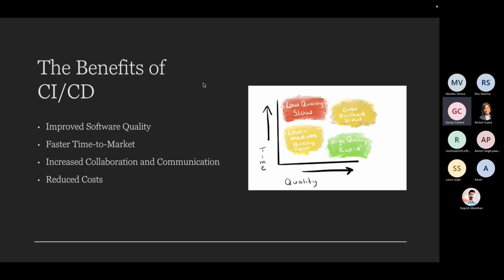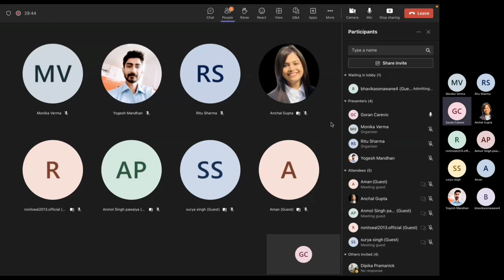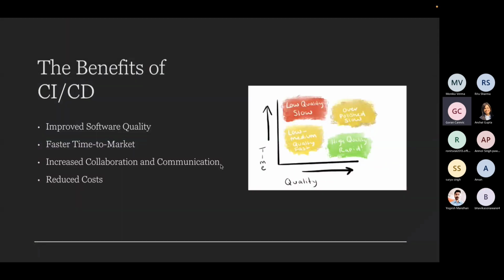Now, we have already touched upon some benefits of CI/CD, such as automated testing and deployment. We have also said that it will allow for improved software quality and faster time to market. It will increase collaboration and communication between teammates and operation teams.